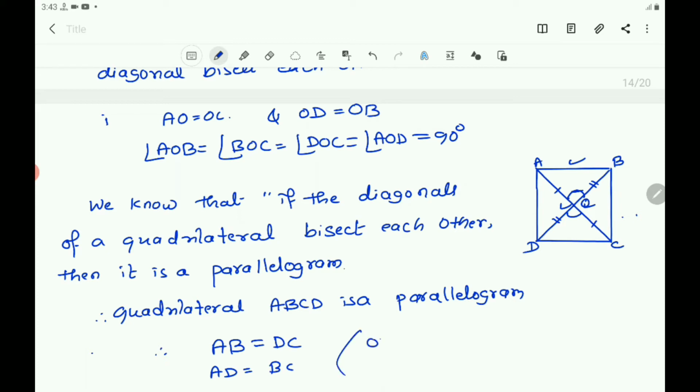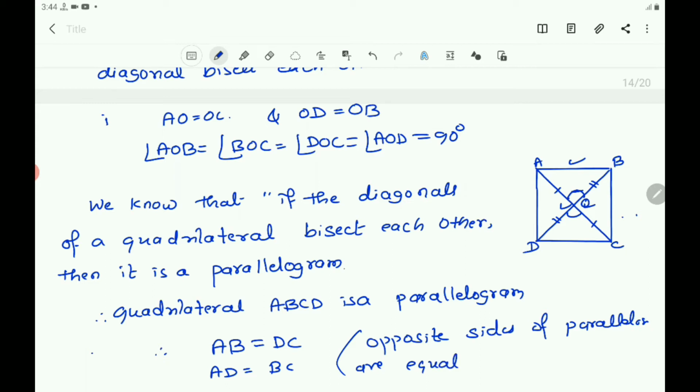Reason, opposite sides of a parallelogram are equal.